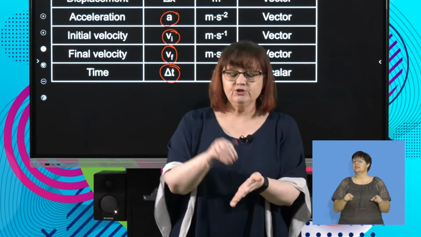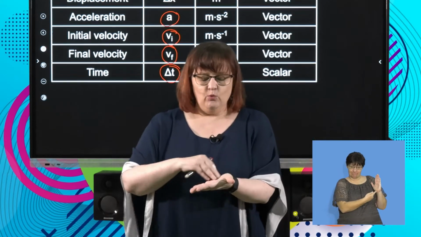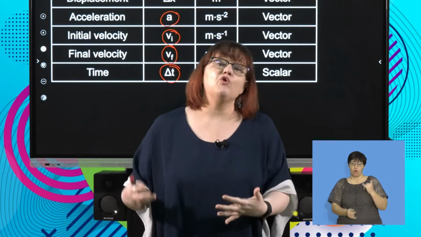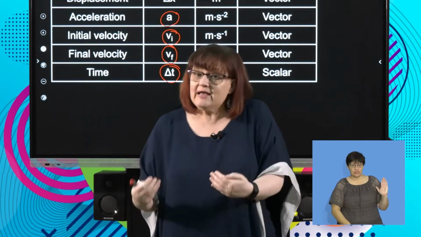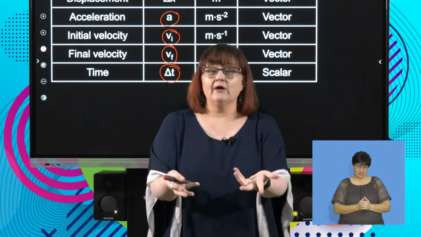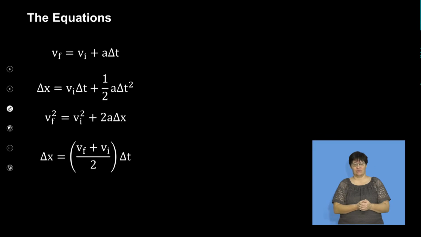Also, because you're given the equations on your information sheet, we can't give you leeway if you've written them wrong. And if you write the equation wrong, you actually can't get any marks because you're starting from the wrong point. Okay? So, these are our 4 equations. VF equals VI plus A delta T. We're going to work with all of them, so don't stress too much.